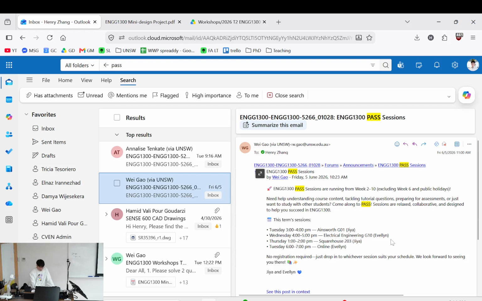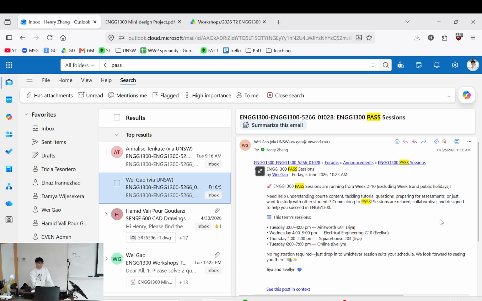The other thing I want to talk about is I wanted to promote these PASS sessions. So PASS stands for Peer-Assisted Learning Sessions. I used to do these back in the day when I was a demonstrator for ENGG1300, but before I was a demonstrator for ENGG1300, I was running these PASS sessions. So undergraduate students run these basically, and they're just drop-in sessions. You can just go there and ask questions about the course and how to do questions and stuff like that, and you get some student mentors who are probably 3rd or 4th years to help you out.